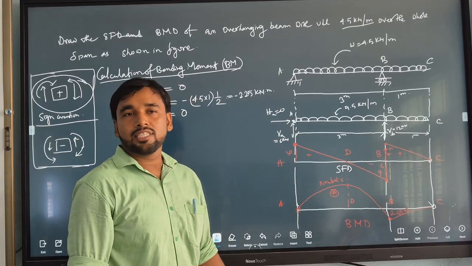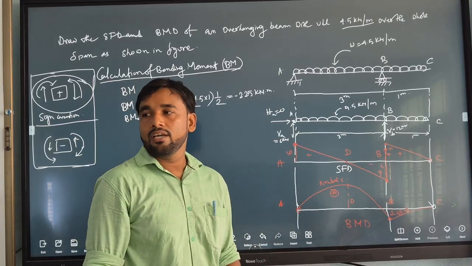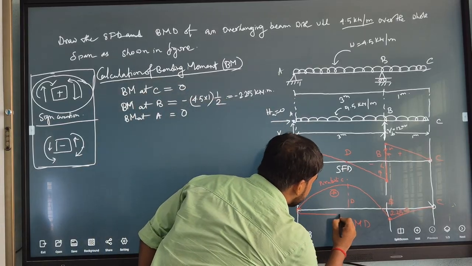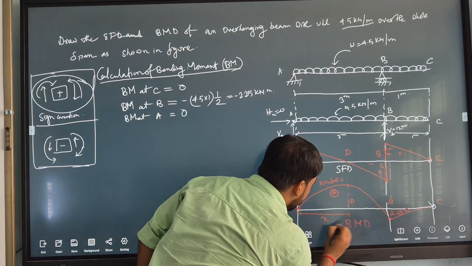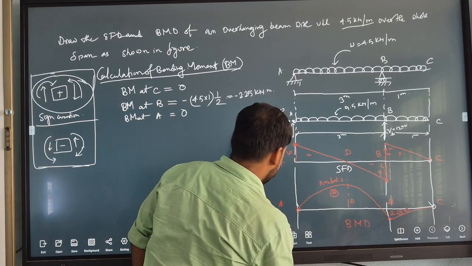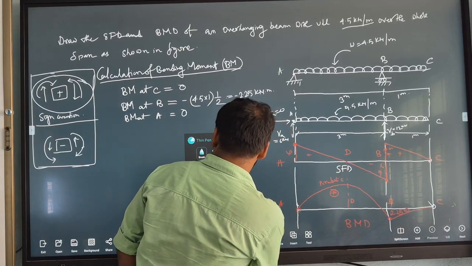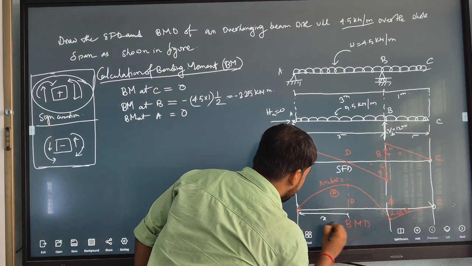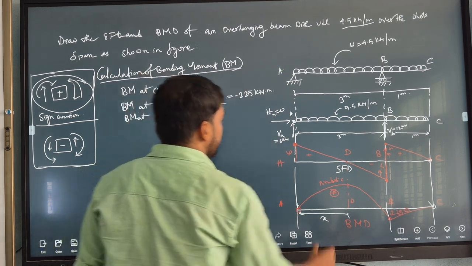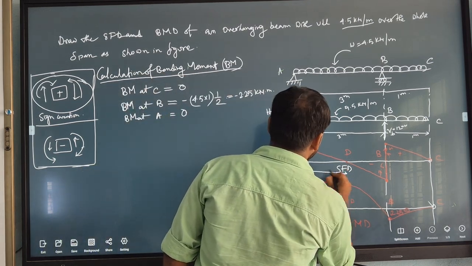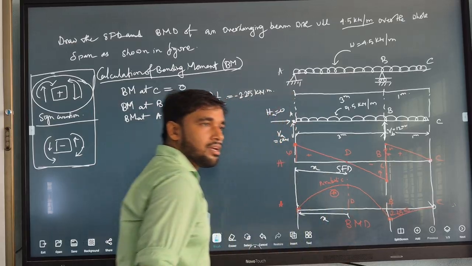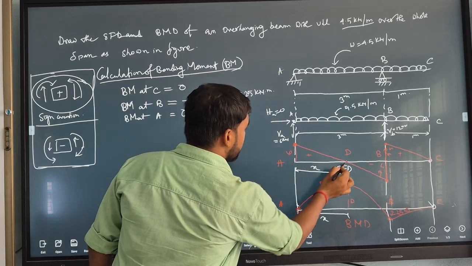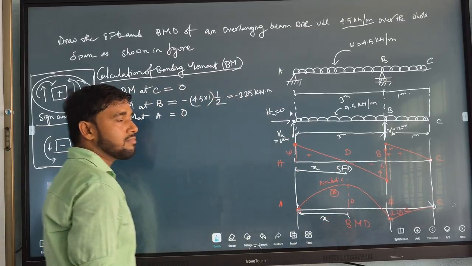Let us say maximum bending moment comes at point B, at a distance x from A support. I am saying the distance between A and B is x. So this distance is also x. Same point. This is also x.